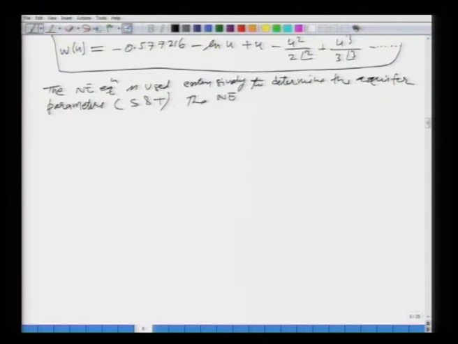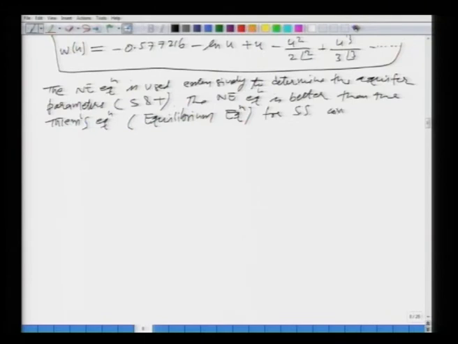The NE equation is better than the Theis equation, which we had seen earlier, which is the equilibrium equation, for steady state conditions. Why? Because of the following reasons. I am going to give you a few of them.